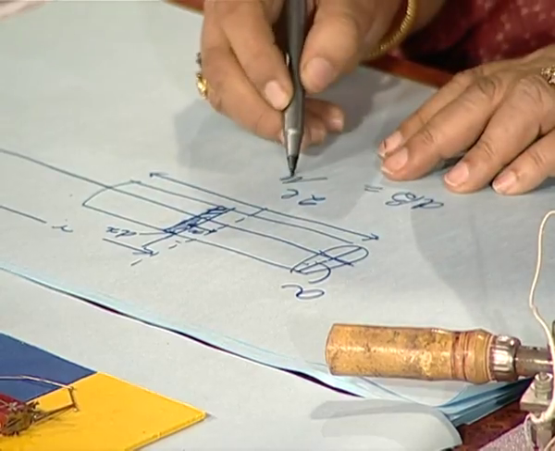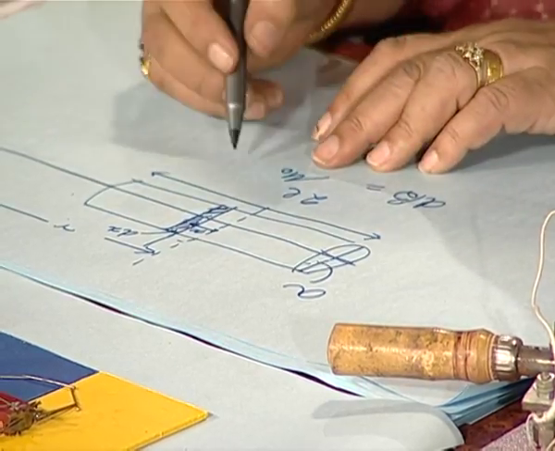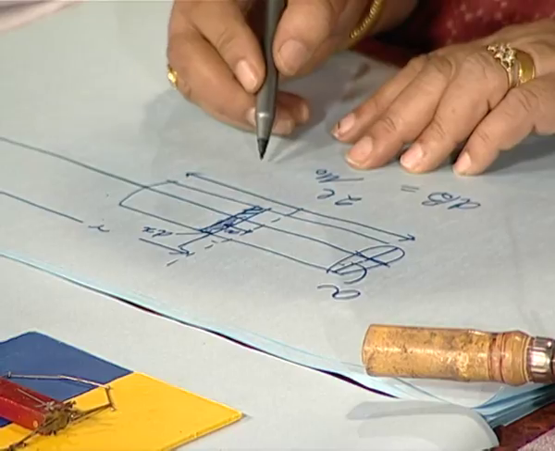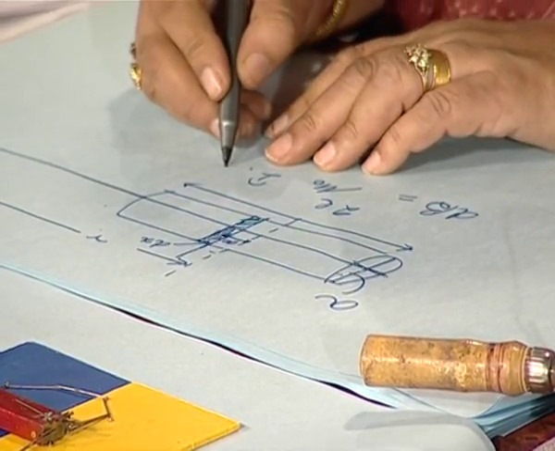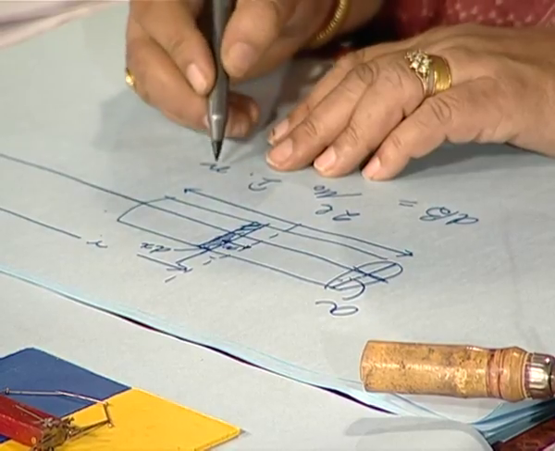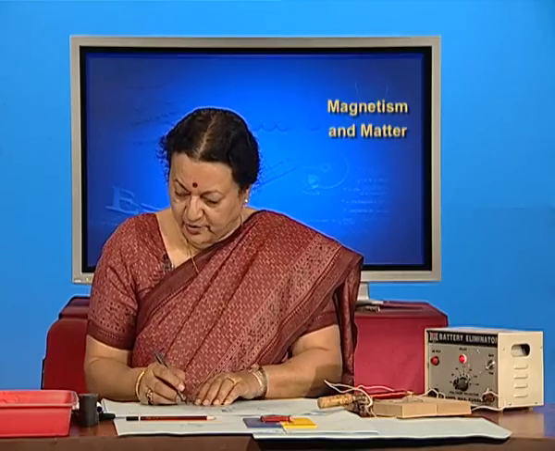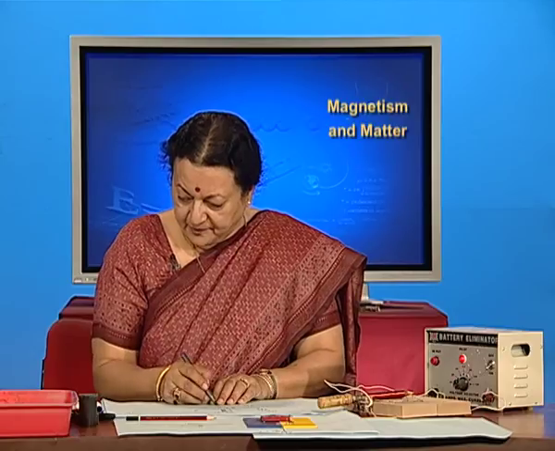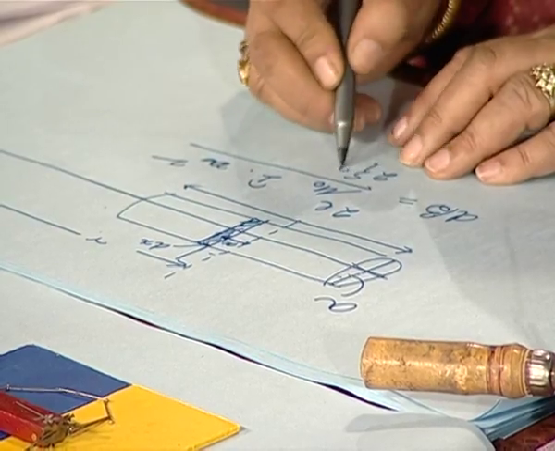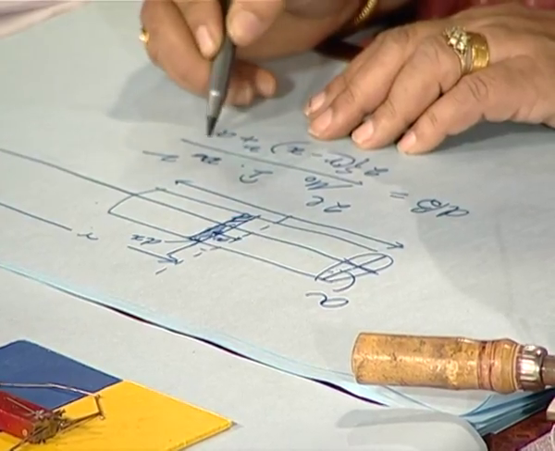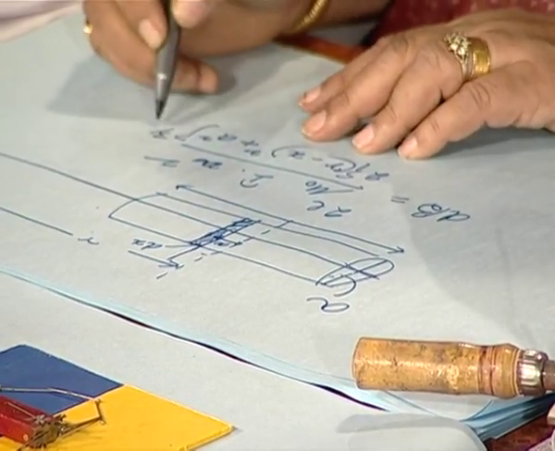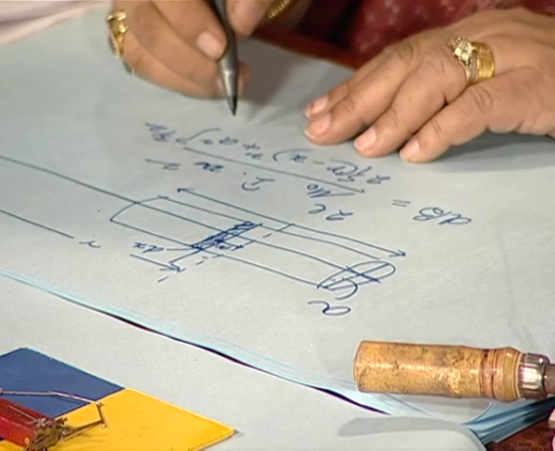This will be equal to mu 0, the permeability here, into the current that is flowing through it, into the area square upon 2 into r minus x the whole square plus a square, and the whole thing raised to the power of 3 by 2.